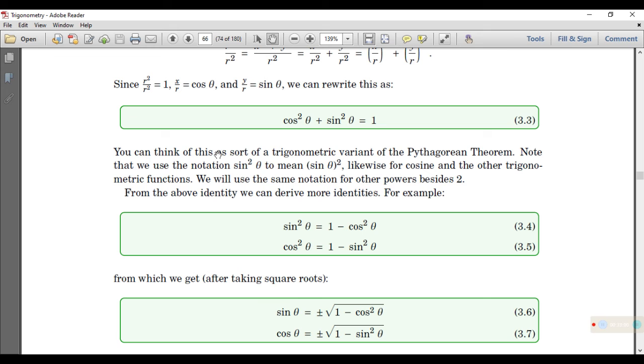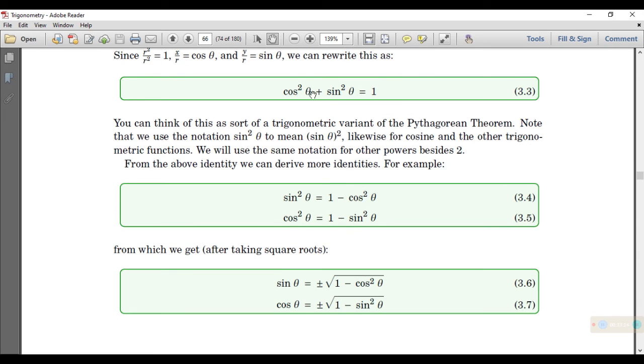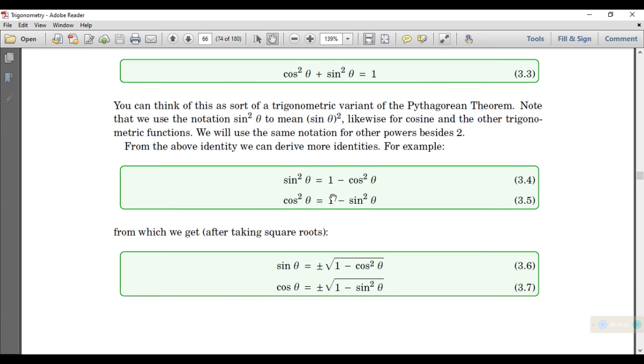Now, you can think of this as sort of a trigonometric variant of the Pythagorean theorem. So, syempre, if you are given with 1 and cosine squared theta, hanapin mo si sine squared theta, edi using addition property of equality, subtract mo si cosine squared theta from both sides, you will end up with sine squared theta is equal to 1 minus cosine squared theta. Tapos, si cosine squared theta naman ay 1 minus sine squared theta.